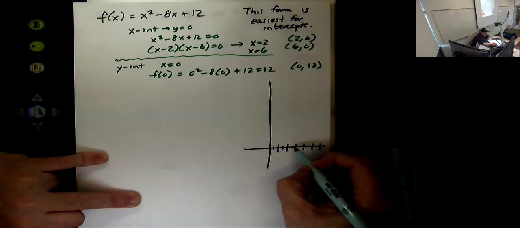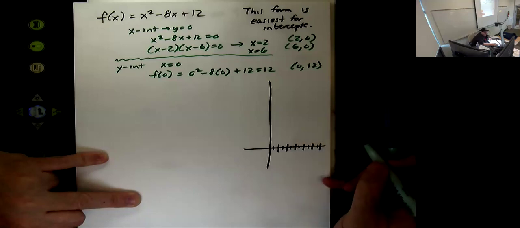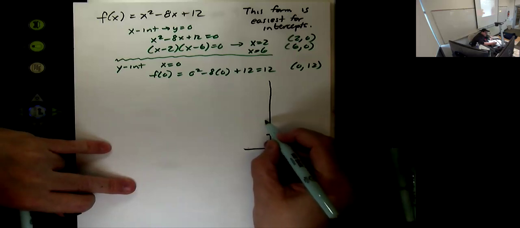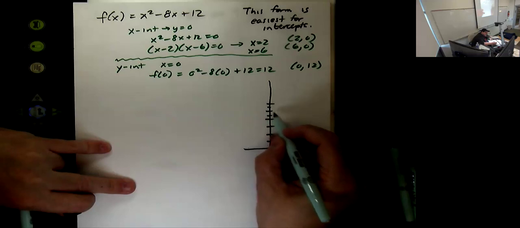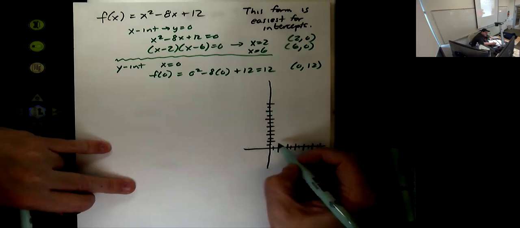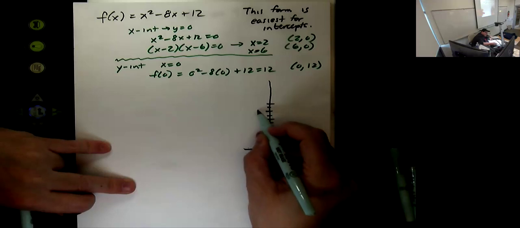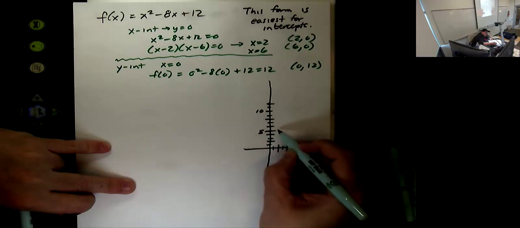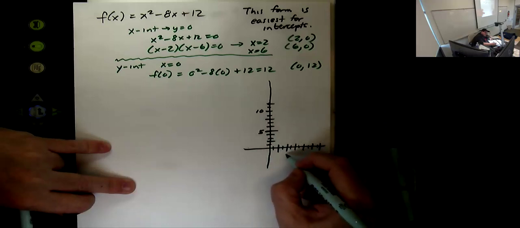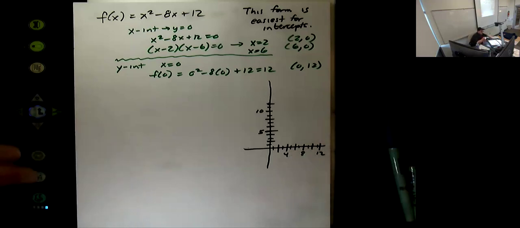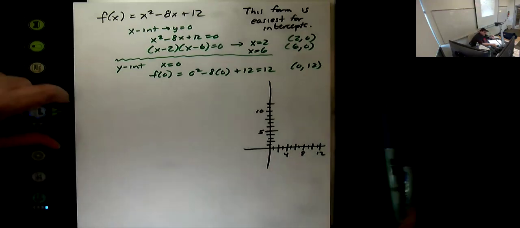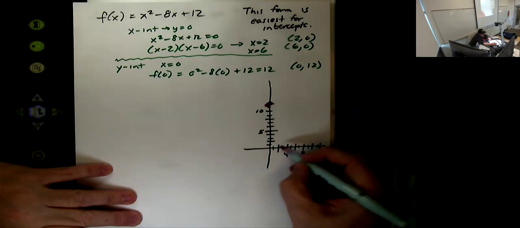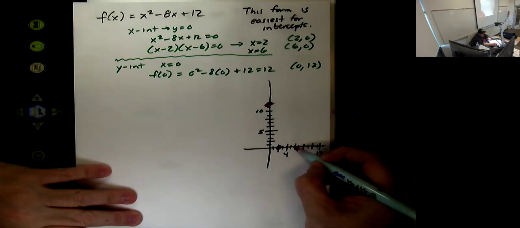Let me do little subtabs. 2, 4, 6, 8, 10. So that's our 12. That's 5 right there. 4, 8, 12. So I've got (0, 12) way up here, (2, 0) way down here, and (6, 0) way down here.